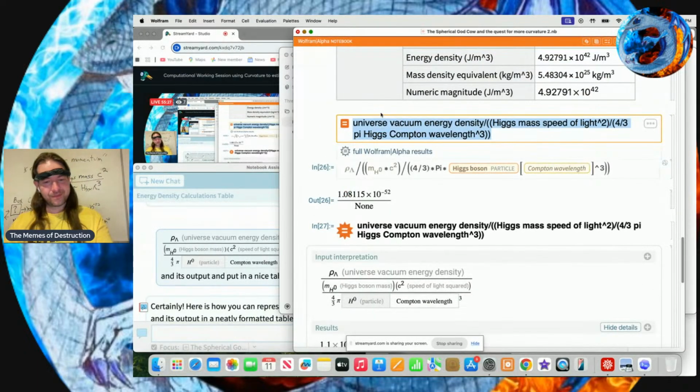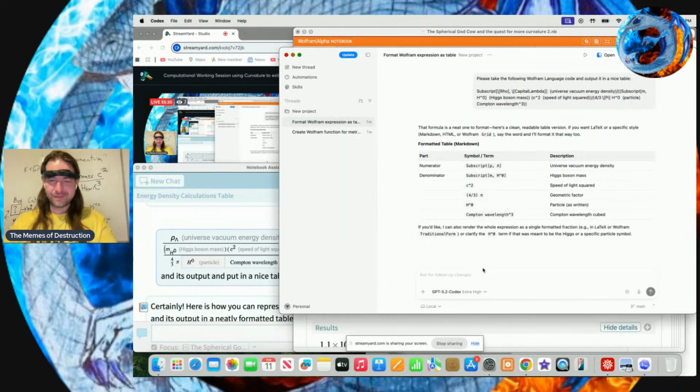How about this? Please evaluate the following expression and put the results in a nicely formatted table.